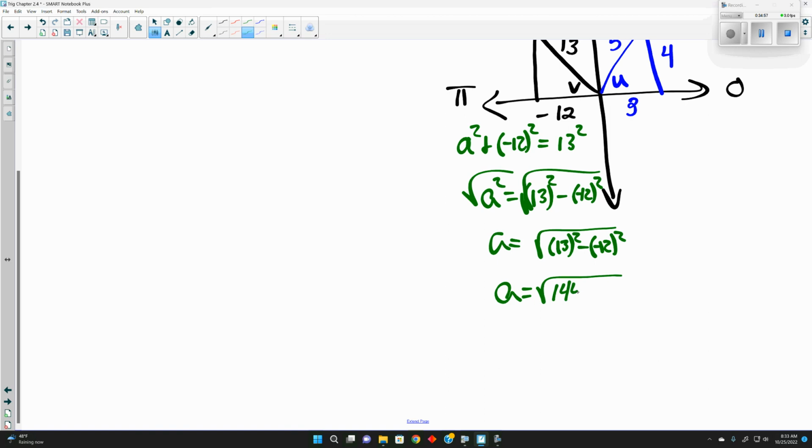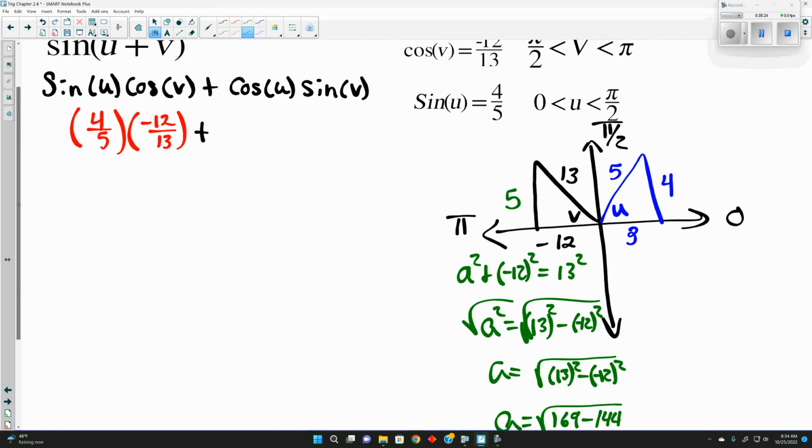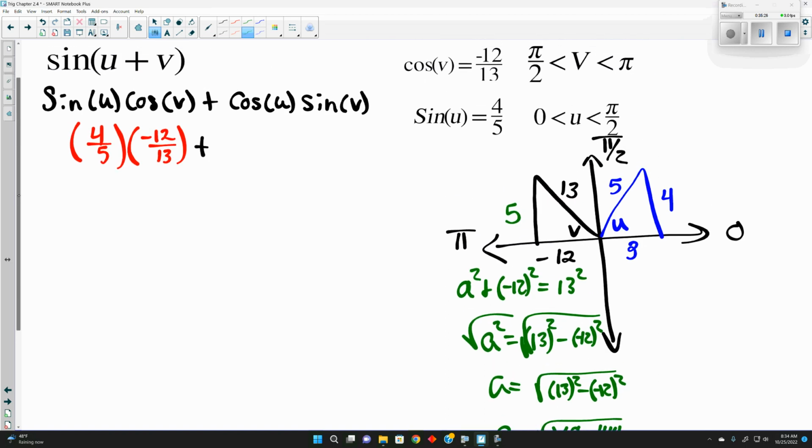I can write that in the correct order. Sorry, 169 minus 144, which is 25, which gives us a side length of 5. Any questions on any of this here?